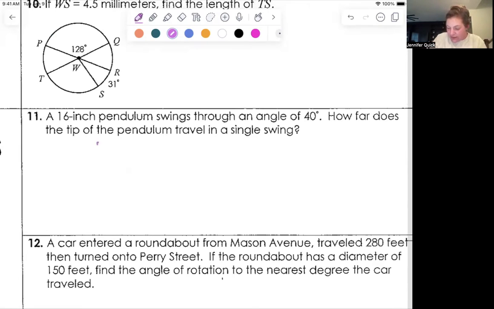So let me just make this very clear for you. I've got a pendulum. It's swinging at an angle of 40. So it went that direction. Think of it like this. Maybe it's better like this.